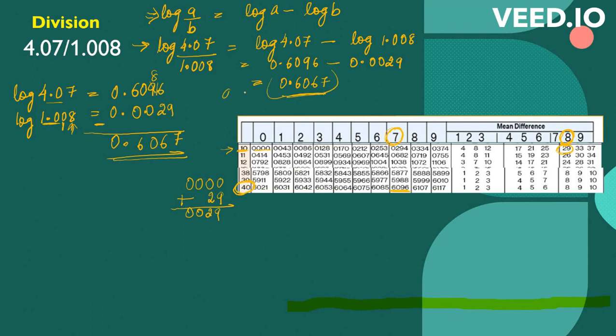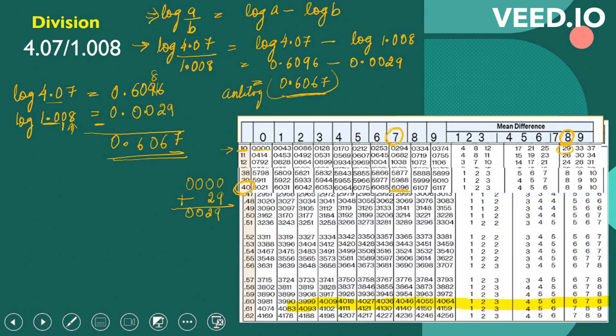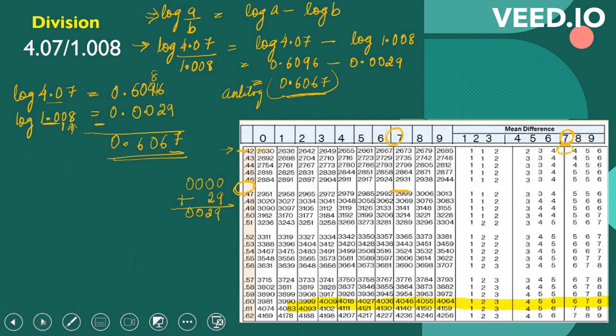Obviously you have to find an anti-log of it. Let's go ahead with it. Find the anti-log of 0.6067.